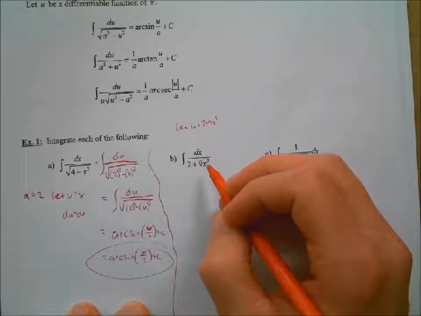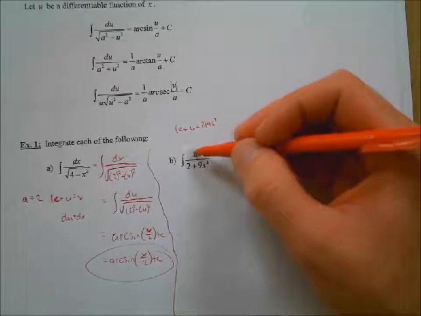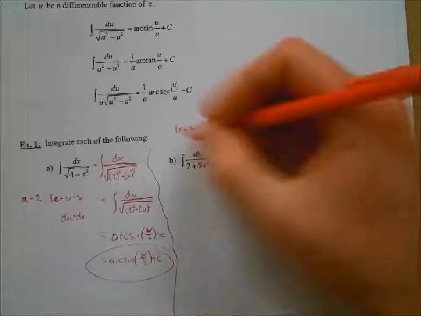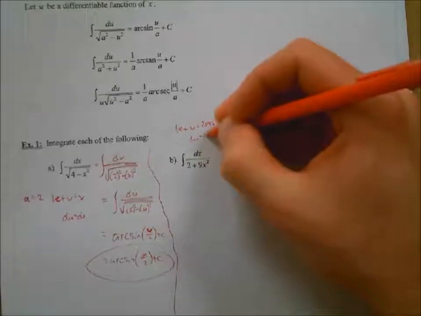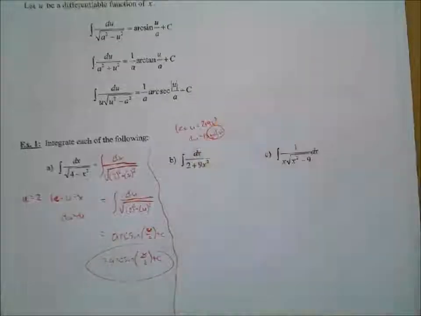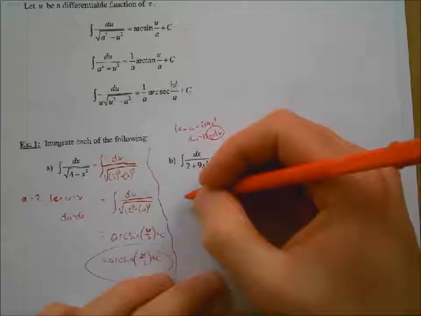The du would be 18x. The 18 is no big deal, but do we have an x dx here that we can utilize? And the answer is no. We don't have an x dx, we just have a dx there. And so we can't use that u substitution. This is inverse trig, the arctangent.